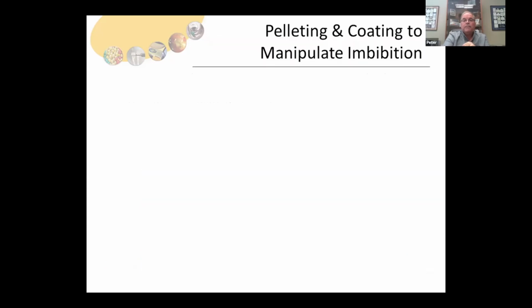We then also have the ability to do unique things within the pelleting range. Not saying this is employed across all crops, but certainly we're seeing this also more in the grass coatings that are taking place. Grass coatings are more of an encrusting, but they're starting to utilize some technologies to manipulate imbibition.